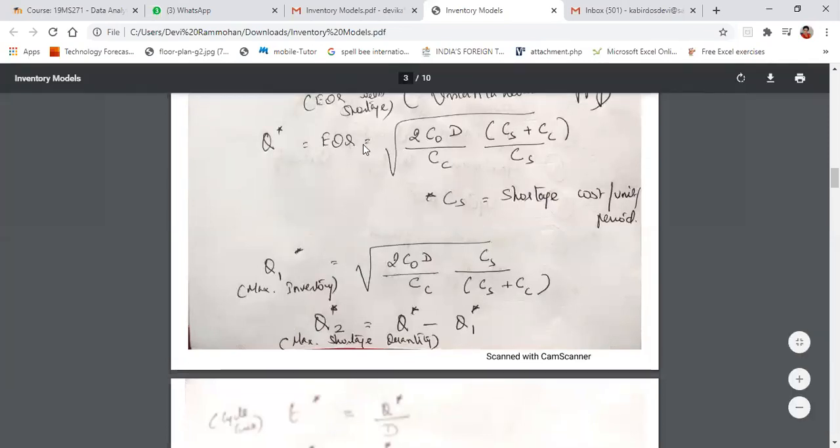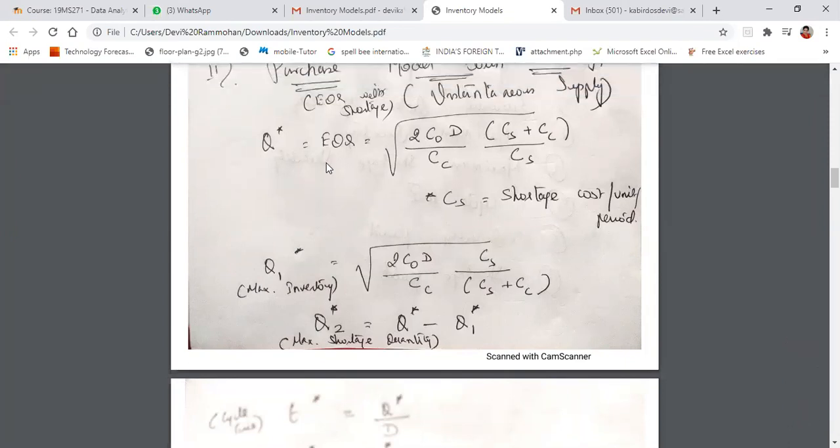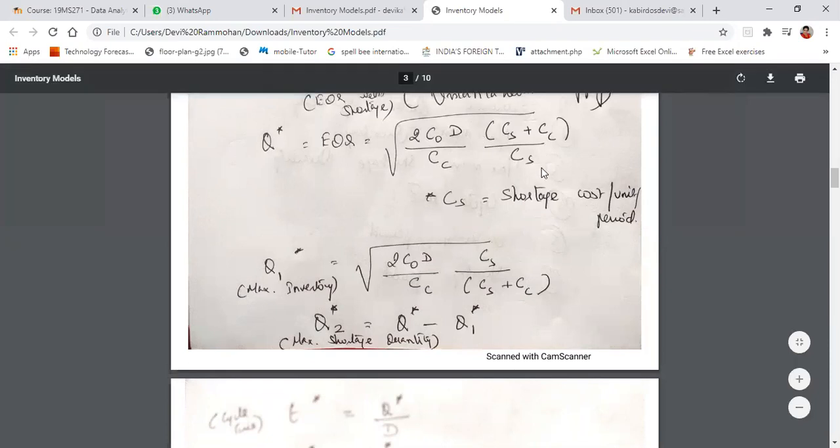So let us find out how we calculate EOQ. EOQ without shortage, we said, is root of 2 C naught D divided by CC. But here there is one more item. Since there is a shortage, we need to include the first part, 2 C naught D by CC, which we have already done.